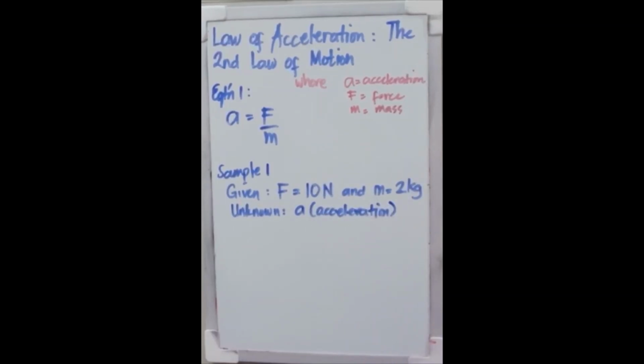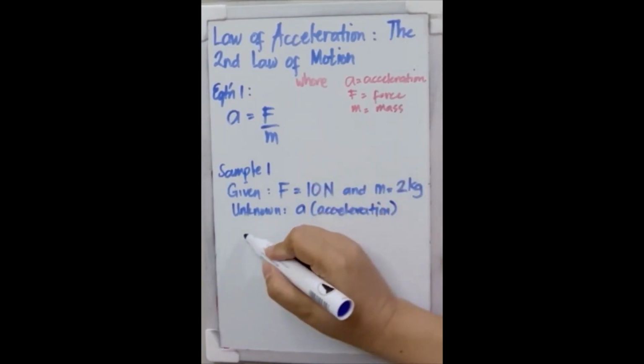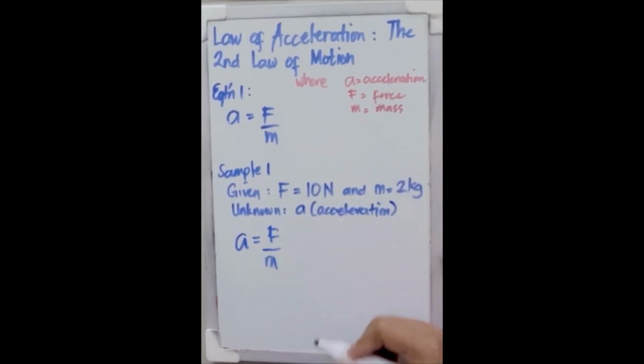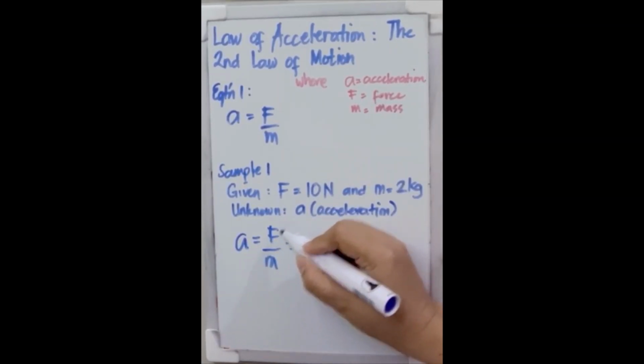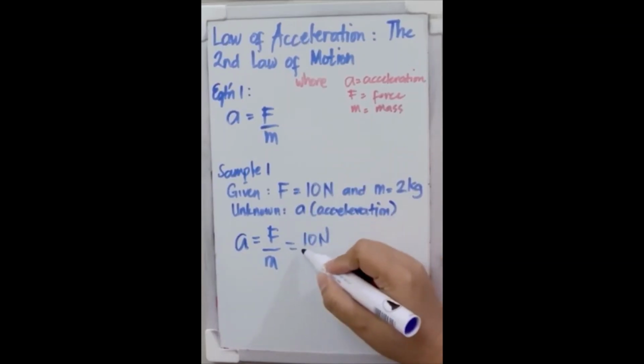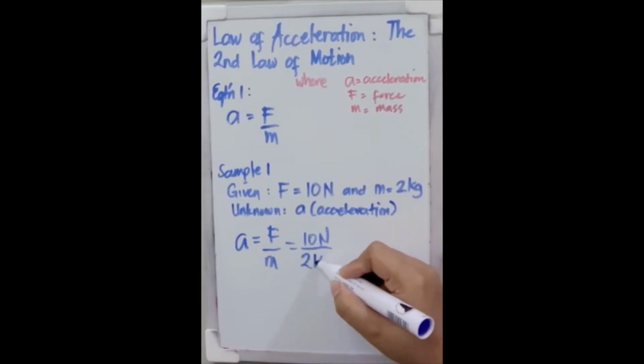So your solution will be, we're going to copy the equation. A is equal to the force divided by the mass. So we have the force equal to 10 newtons. We will substitute the given values, while the mass is 2 kilograms.